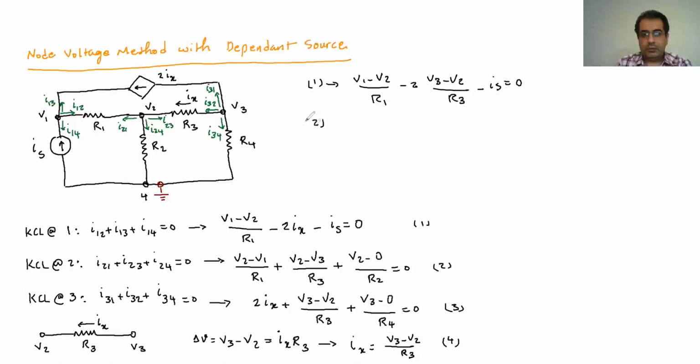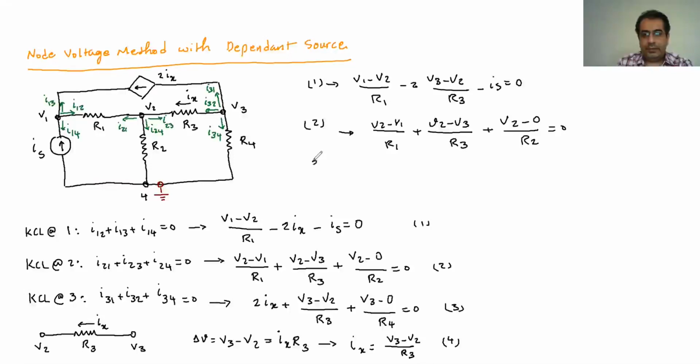The second equation is going to stay exactly the same: V2 minus V1 divided by R1 plus V2 minus V3 divided by R3 plus V2 minus 0 divided by R2.